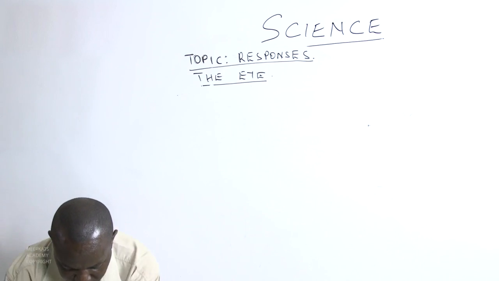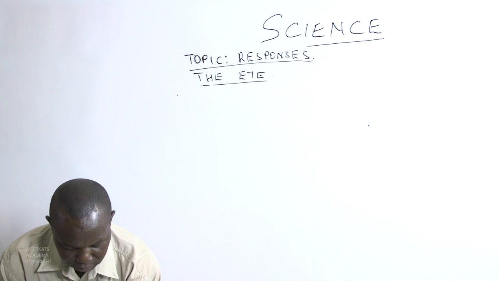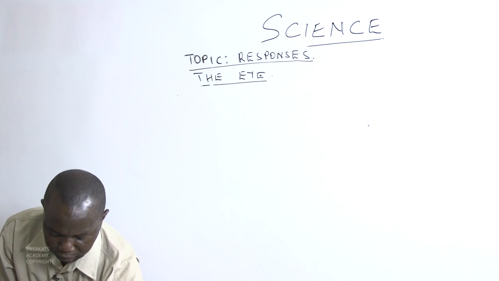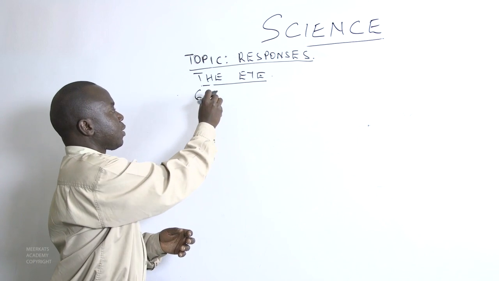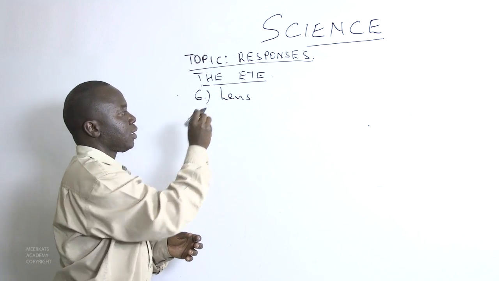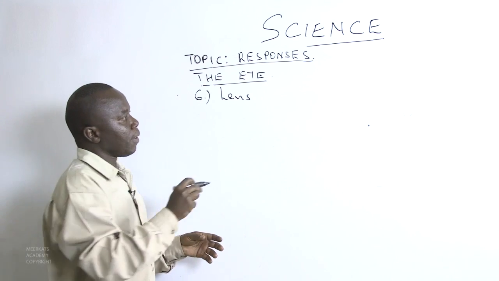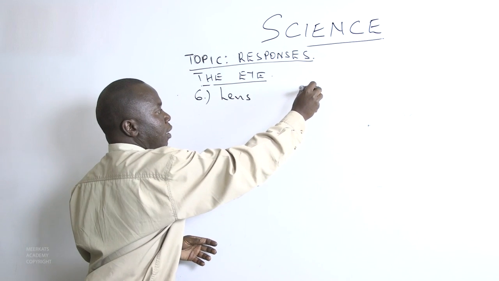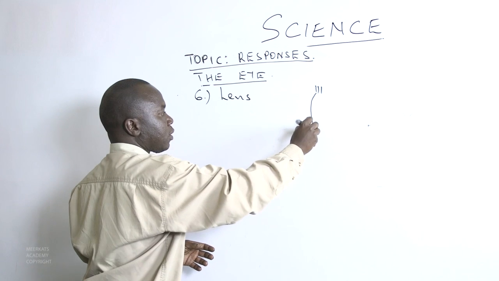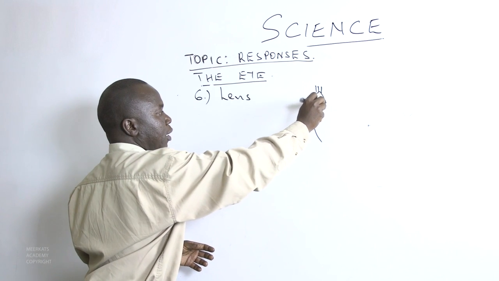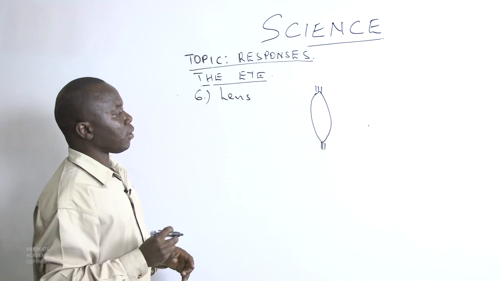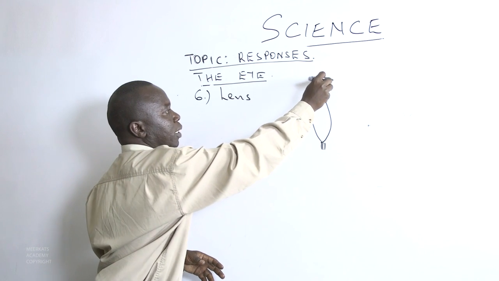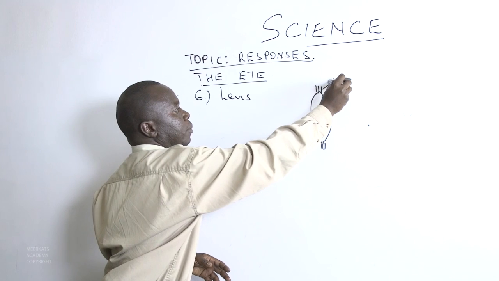Part number 6 is the lens. Remember how the lens appeared in our diagram? It is held in position by suspensory ligaments.